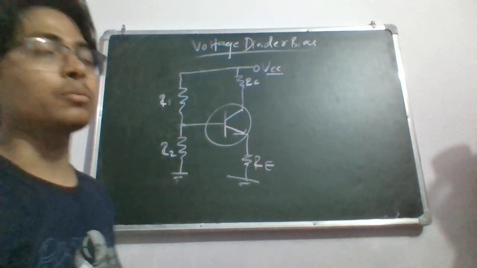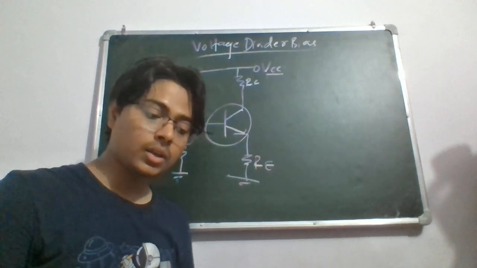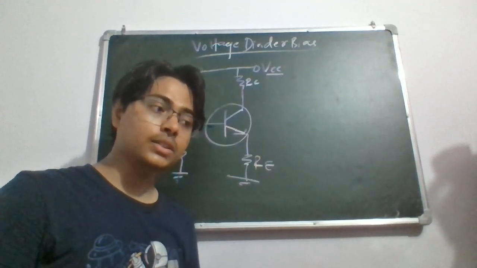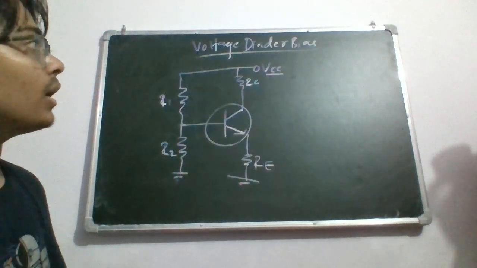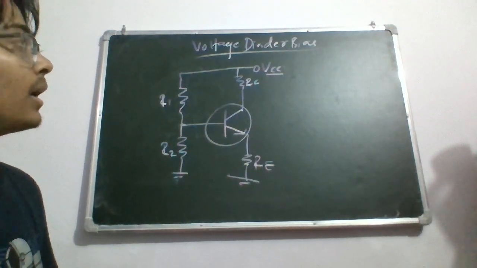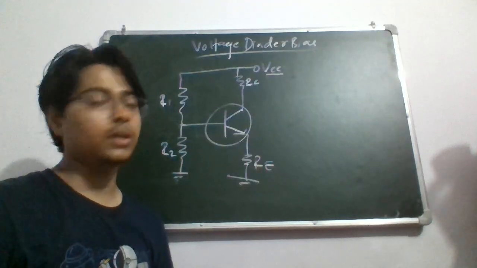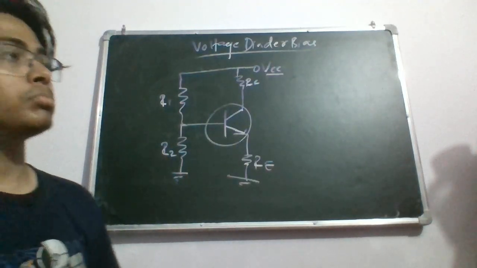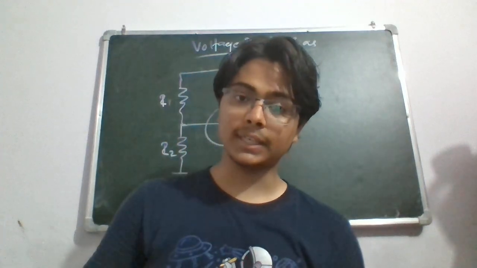That means there is as little distortion as possible using this voltage divider bias, and that is one of the reasons for its popularity, because the distortion of the input signal is very less in this kind of biasing.